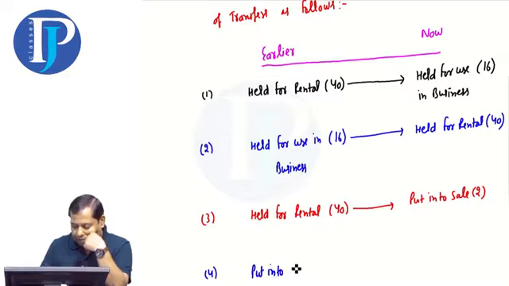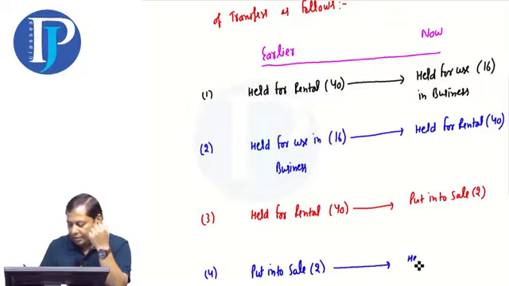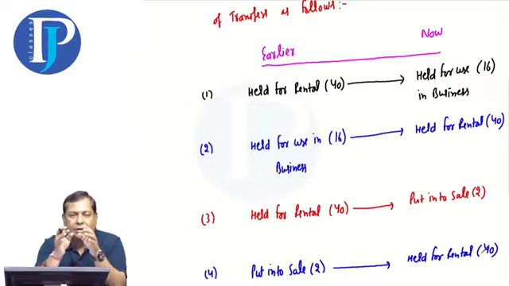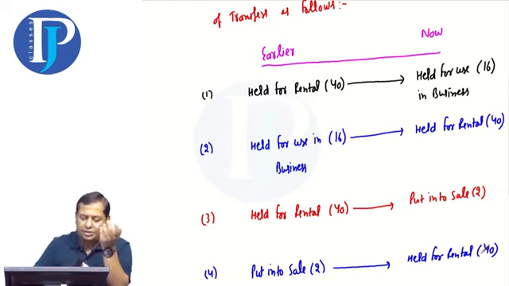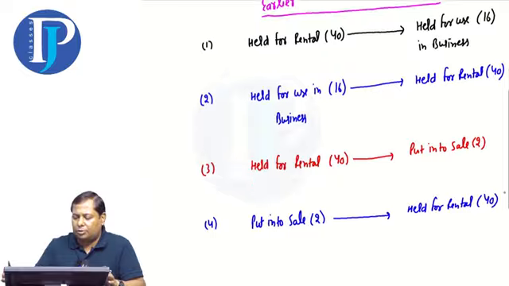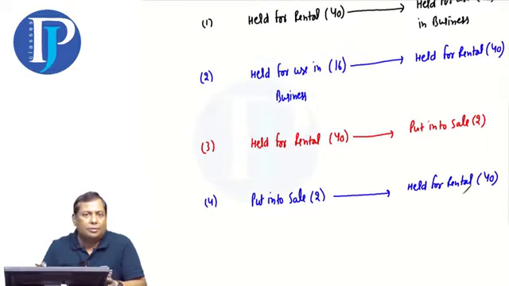Before it was put into sale. Now it's held for rental. This one here, I've written 3 to 4 things, for example. You can create as many as you want. For transfer, if the intention of use changes, then your transfer will happen. There could be many more cases. My aim is to explain the concept, rest you can do.